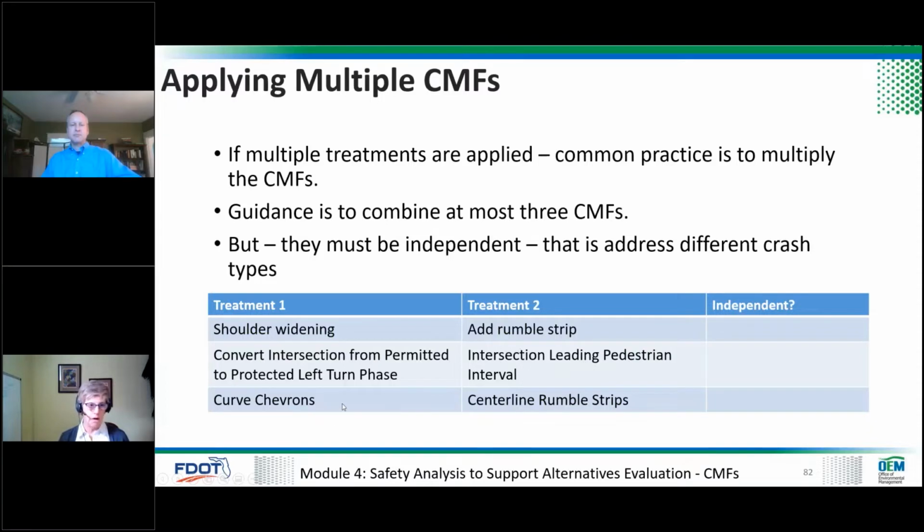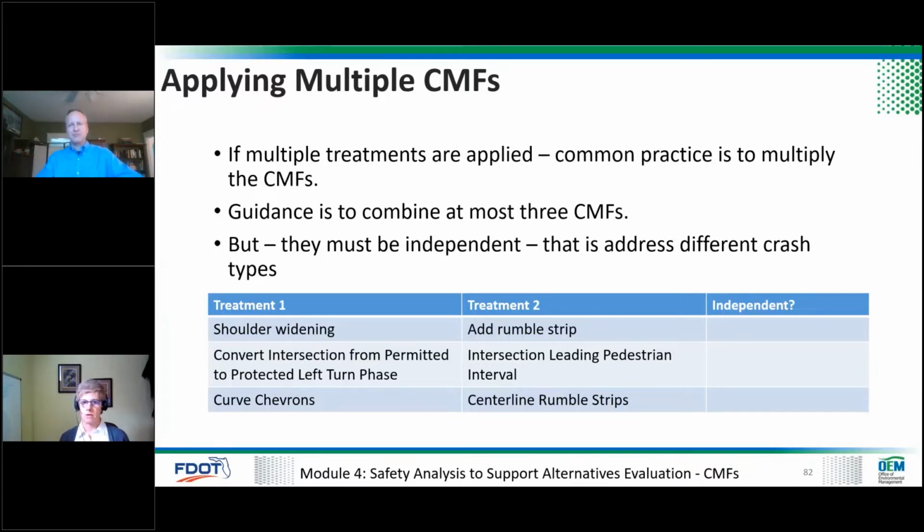This one's a little harder. If I have a curve and I'm adding curve chevrons and centerline rumble strips at that location, are they independent? That one's a little harder. I would talk it through. I think my initial instinct would be to select the most conservative instead of potentially overestimating my anticipated safety performance.